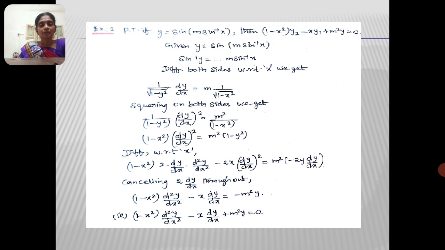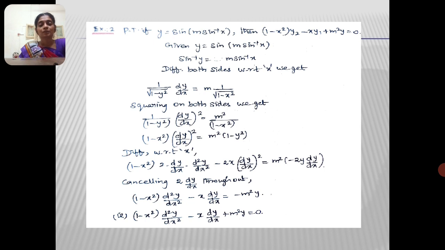Then we cross multiply both the terms in the left hand side and right hand side. We arrive 1 minus x square dy by dx whole square equal to m square into 1 minus y square.